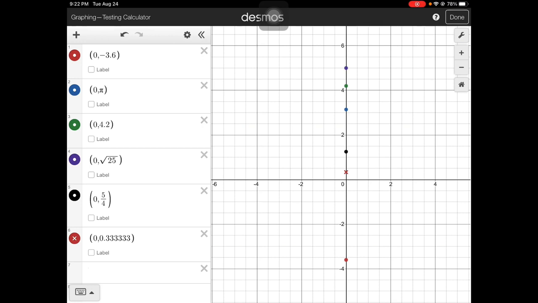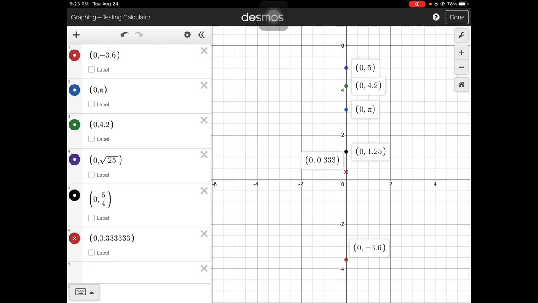The color will coordinate exactly to the left side, so I know what the original number is. But if I tap on the point itself, it will tell me what the value of that point is. This will help me because that's how I put it in. For example, pi shows up as pi.